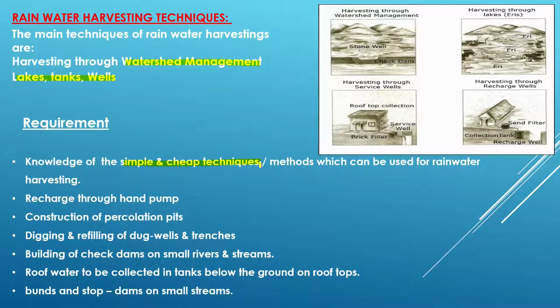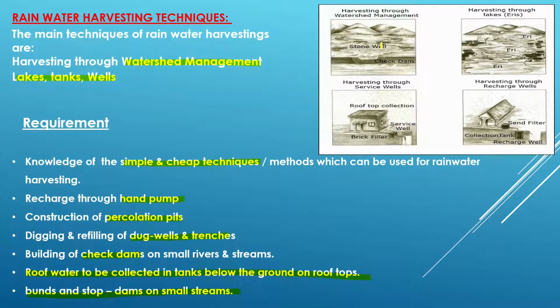It is mainly the traditional techniques and methods which can be used for rainwater harvesting: recharge through hand pumps, construction of percolation pits, digging and refilling dug wells and trenches, building check dams on small rivers and streams, roof water to be collected in tanks below the ground or on rooftops, bunds and stop dams on small streams.